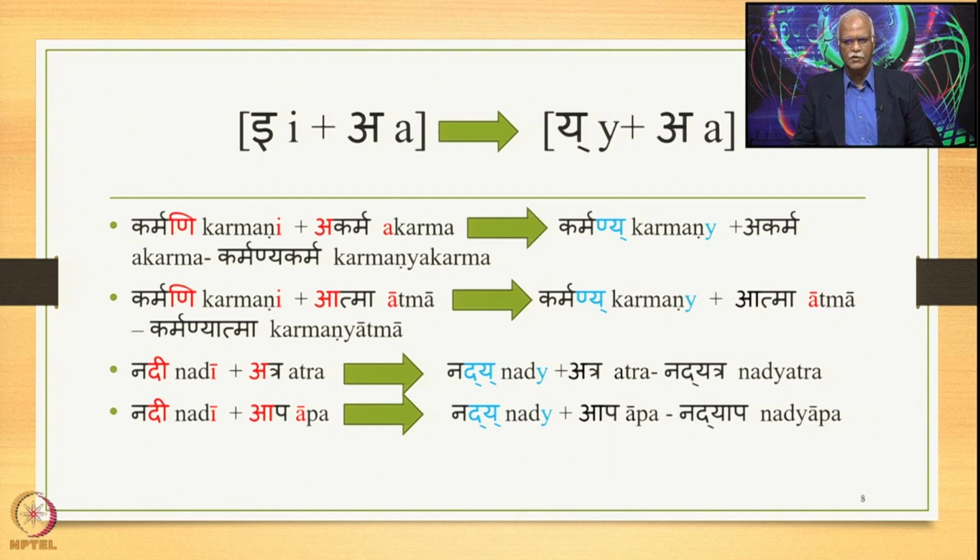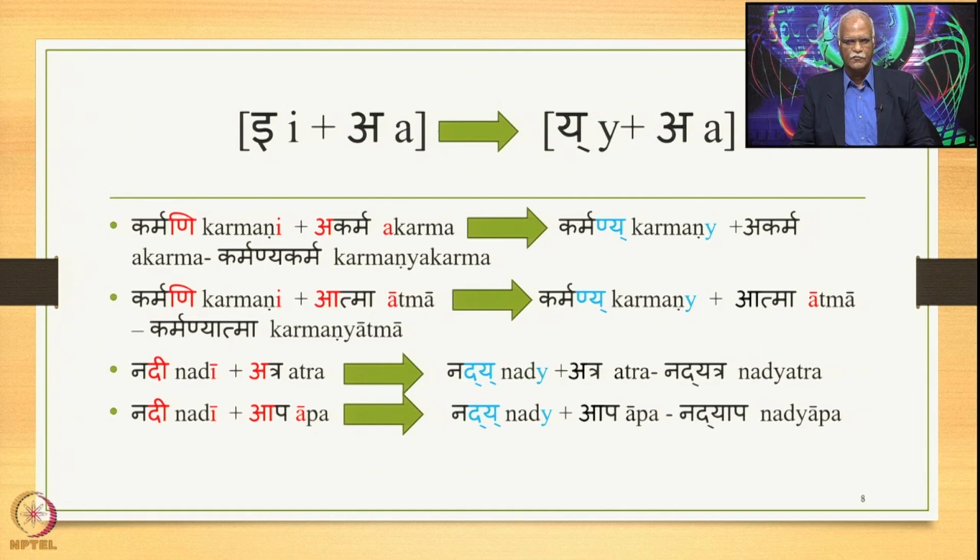So karmani akarma is the input where E is immediately followed by A, 6177 then applies, and we get the output karmanyakarma. This is the famous line from Srimad Bhagavad Gita.